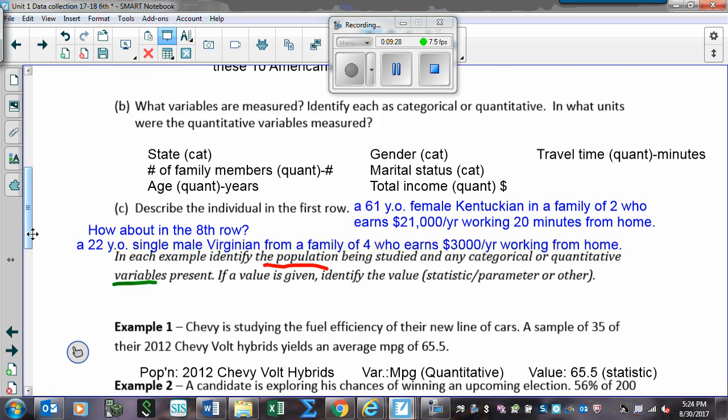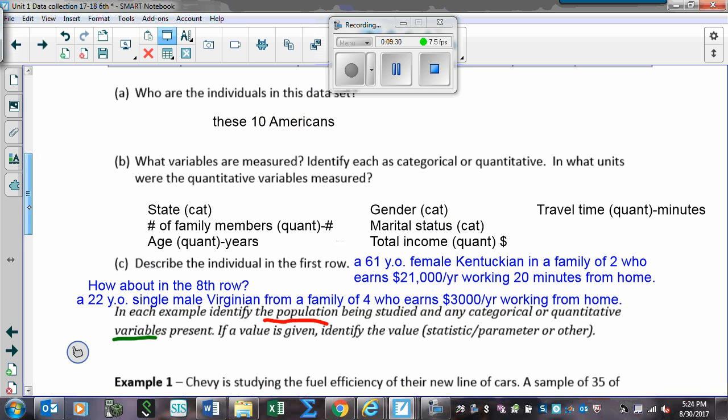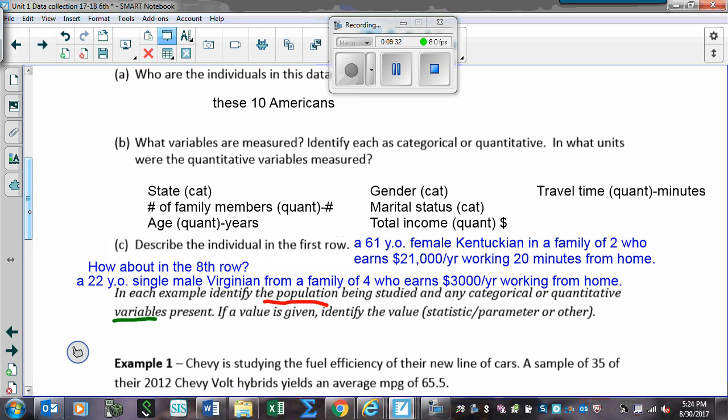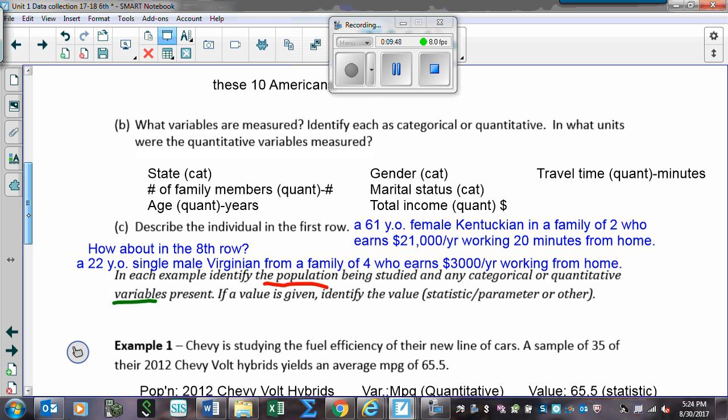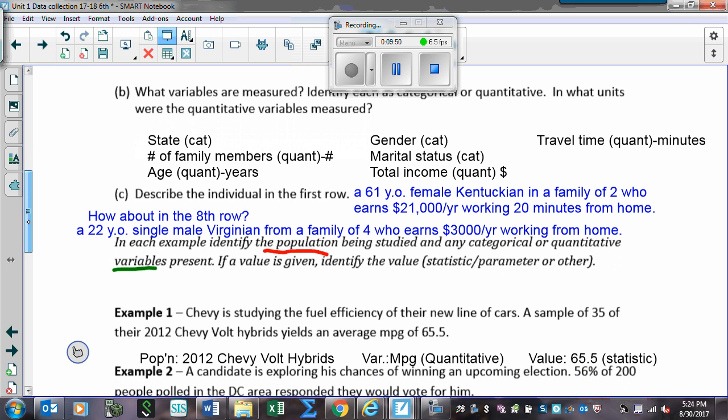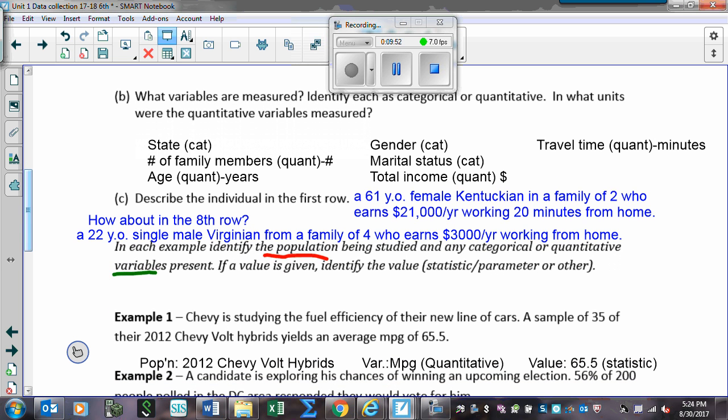And so for these examples in here, you want to find the population being studied, what variables are present, quantitative or qualitative, and identify them. So for the first one, Chevy is studying the efficiency of their 2012 Chevy Volt. The 2012 represents the year of that.